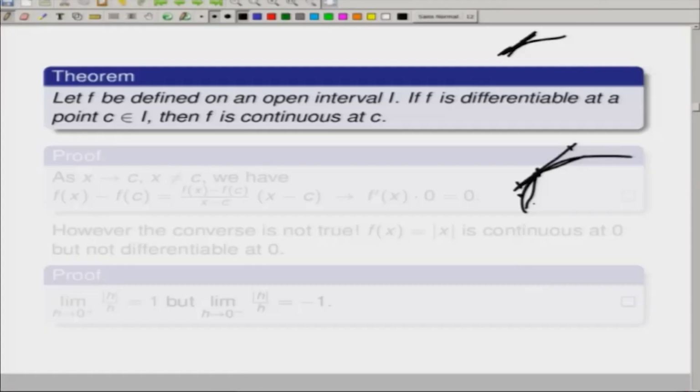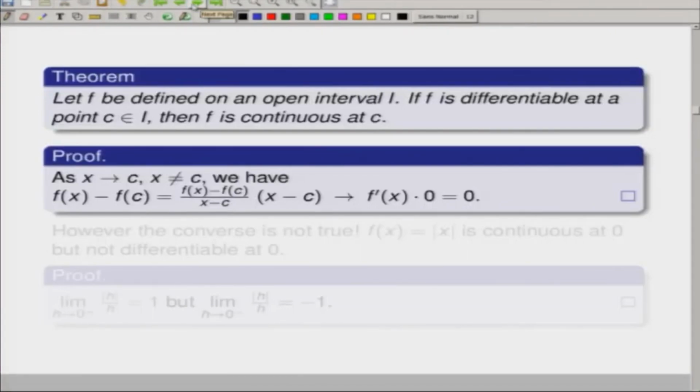So, it is expected that it is going to be continuous at that point. If f is defined on an open interval I and f is differentiable at a point c, then f is continuous at c. So, the necessary condition for f to be differentiable is that f has to be continuous at that point c, but it may not be a sufficient condition. But first let us try to prove that it is a necessary condition.